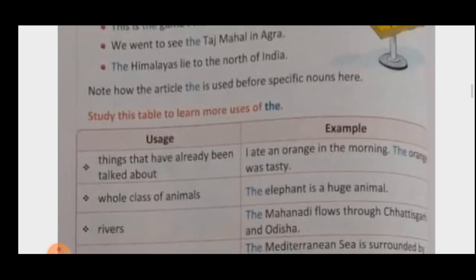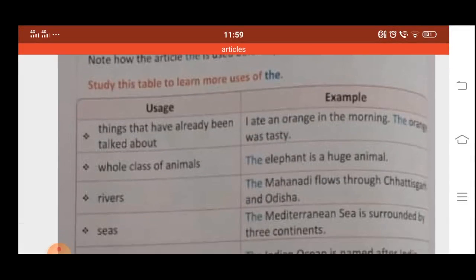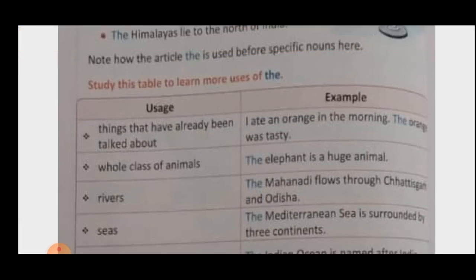Now we will see how and where we have to use article the. First use is things that have already been talked about. That means if we are talking about a particular thing again and again, there we can use the.